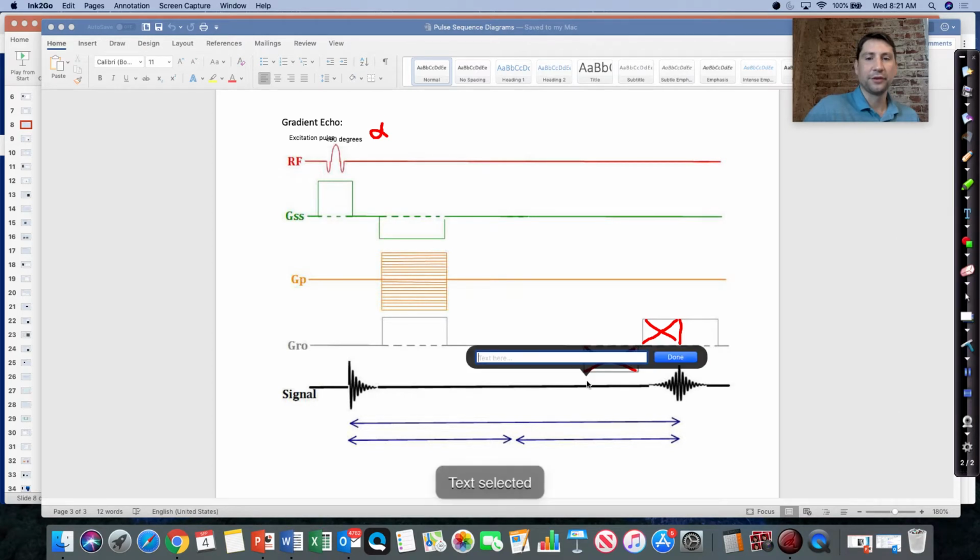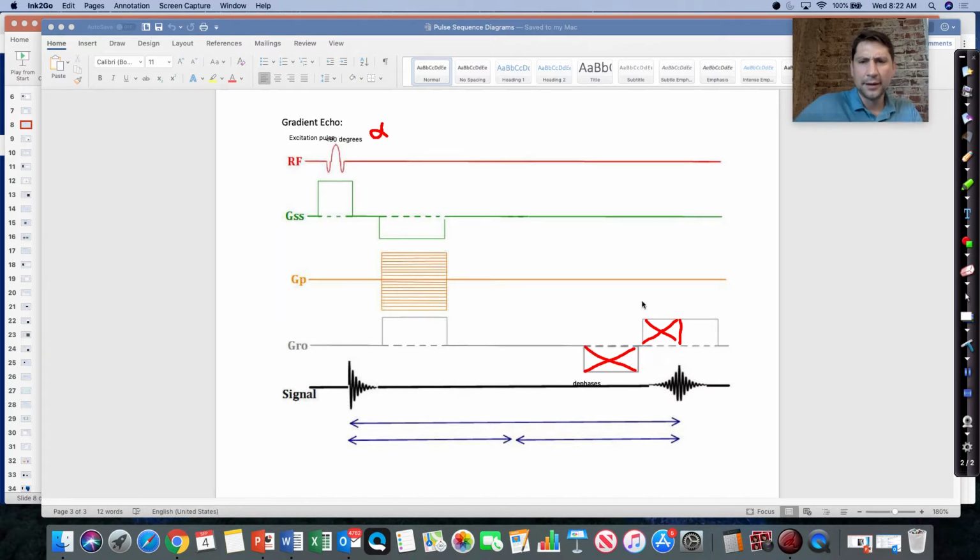So first, the frequency encoding gradient dephases the spins, and then it rephases. So our gradients are doing the dephasing and the rephasing, not that 180 degree refocusing pulse.